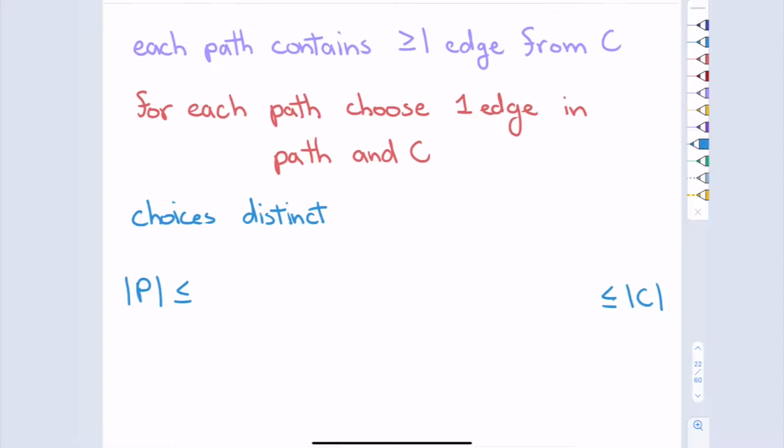And now all that's left is some summations. So the number of paths in our packing, I can write as 1 per path. I know that every path has at least one edge from the cut.